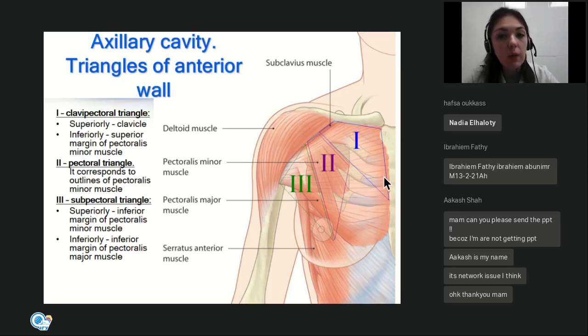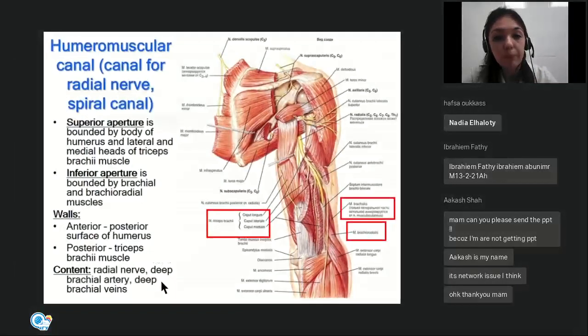Here it is. Then the pectoral triangle corresponds to the outlines of pectoralis minor muscle. And the subpectoral triangle superiorly is bounded by the inferior margin of pectoralis minor muscle, and inferiorly by the inferior margin of pectoralis major muscle. So this is the subpectoral triangle.